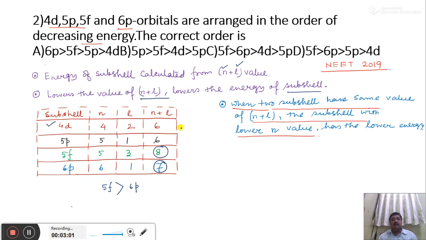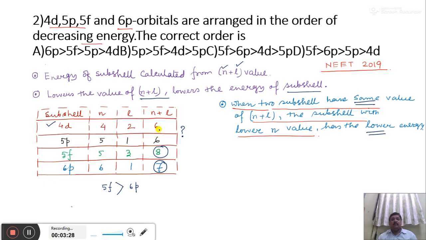Now there is a question for the 4d and 5p subshells, where it is seen that the values of n plus l for 4d and 5p are the same. Then according to the Aufbau principle, when two subshells have the same value of n plus l, the subshell with lower n value has the lower energy.